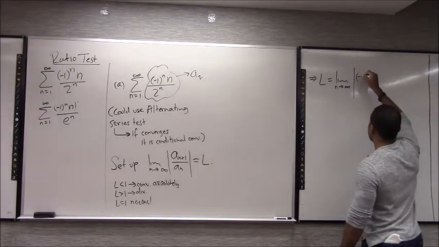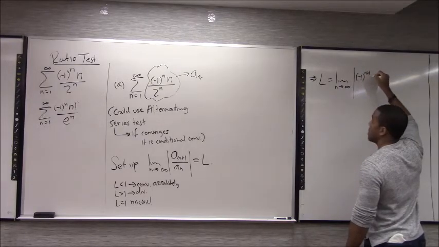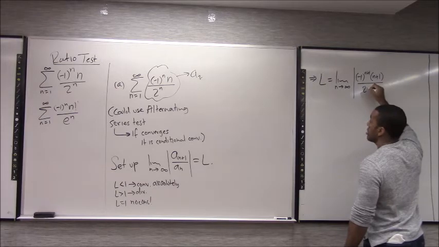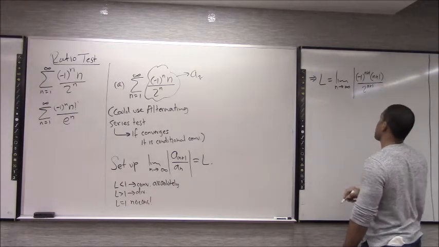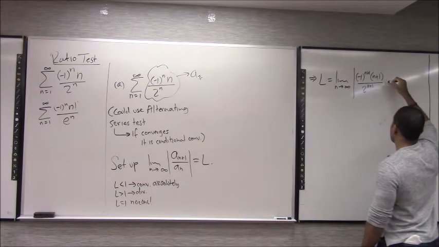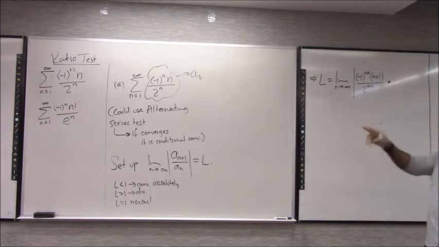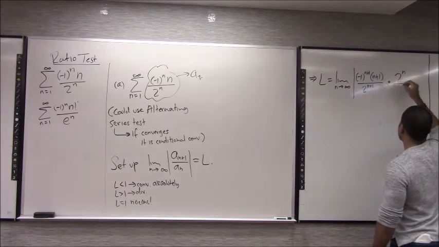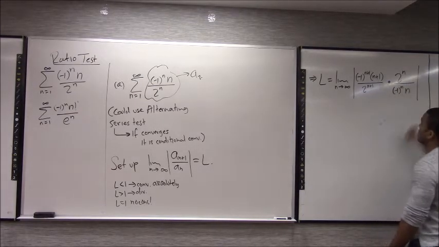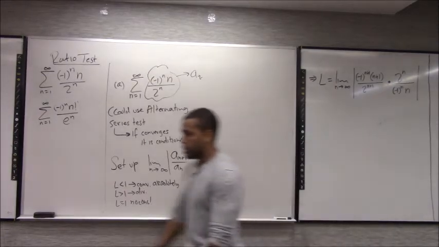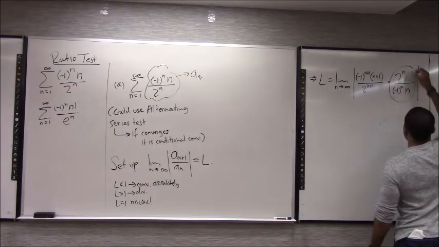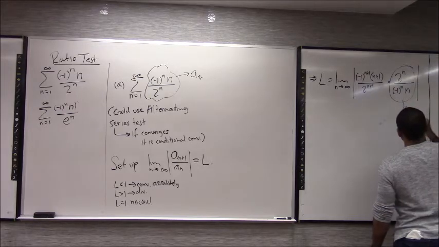But let's throw in n plus 1 over 2 to the n plus 1. Now of course, instead of dividing that by a of n, we can just multiply by the reciprocal. So that's going to be 2 to the n over minus 1 to the n. So this part here is your 1 over a of n that I'm multiplying by. This part here is 1 over n.